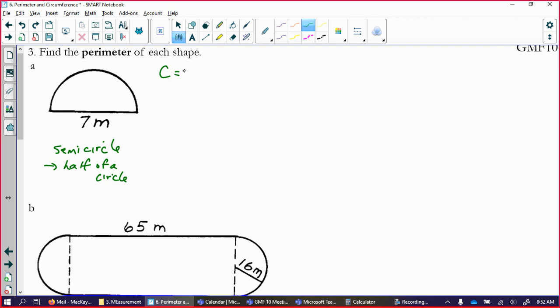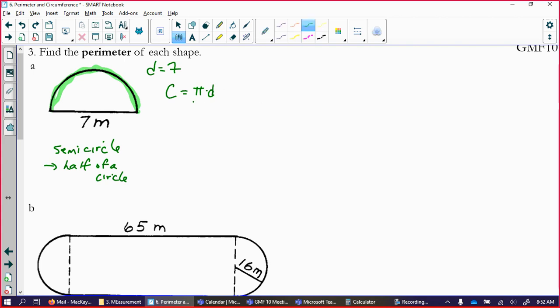Diameter is 7. So the circumference of a circle is pi times the diameter. The highlighter sometimes is a little bit sketchy because it's going to try to make this a straight line probably. So if I want to find that horrifically highlighted green length, that's half of a circle.